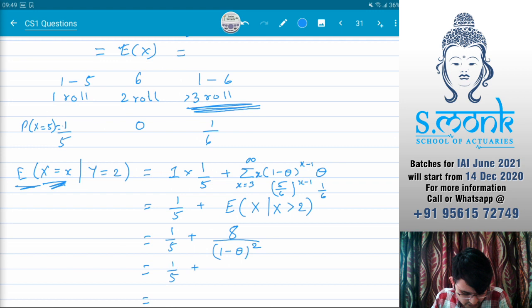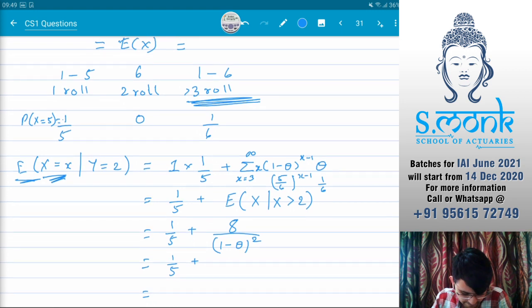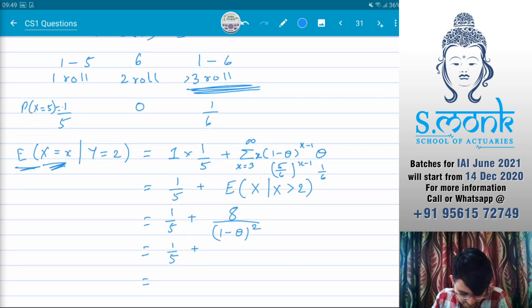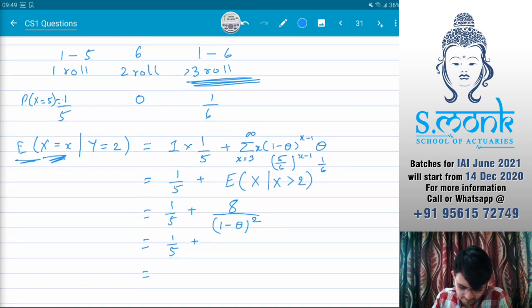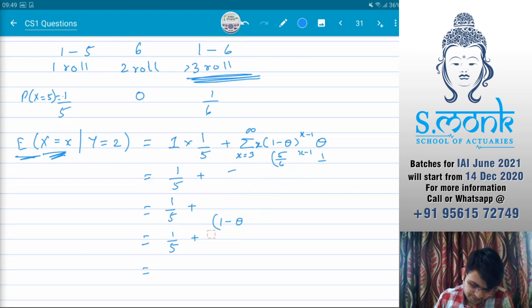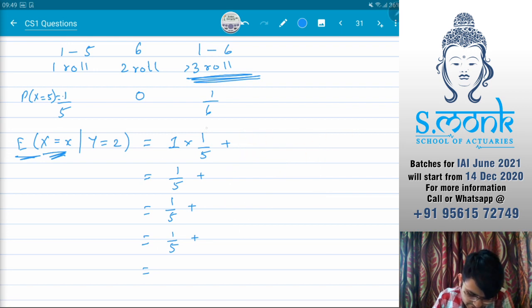Okay, so I think what they are saying is there is a 1/5 chance that our value of 5 will come in our first roll, whereas there is a 4/5 chance that our value is going to be greater than or equal to 3.